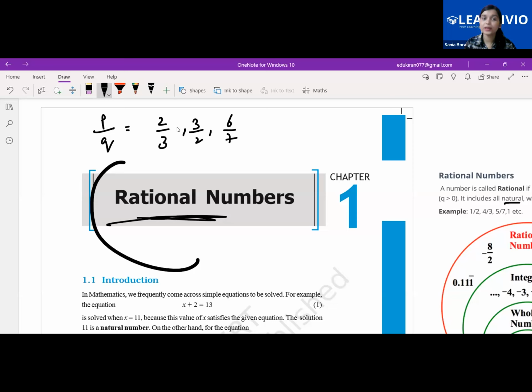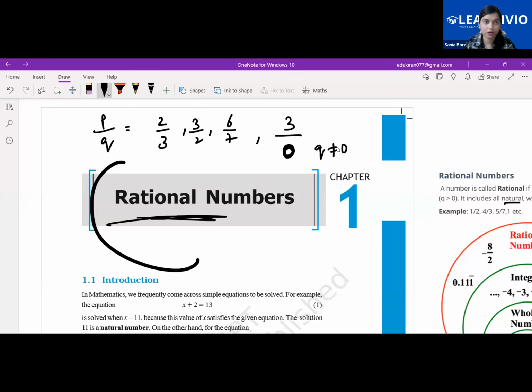But if I write this 3 by 0, is this a rational number, Ibrahim? 3 upon 0, is this a rational number? Tell me. No, ma'am. Why? Because over here, this denominator can never be equal to 0.